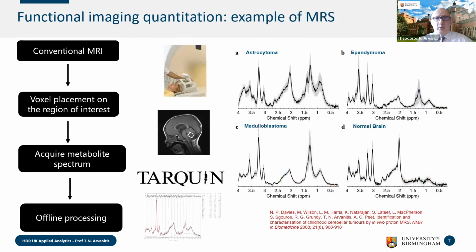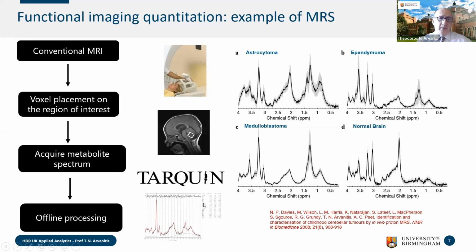Now, why this is important, I will give you an example through one of the functional imaging techniques. I will take the example of magnetic resonance spectroscopy. Again, we use the same MRI scanners that we use for brain imaging. But after the conventional MRI, we are able to identify a region of interest, and on the basis of particular pulse sequences, we are able to acquire a spectrum that tells us about the metabolism within that area of interest.